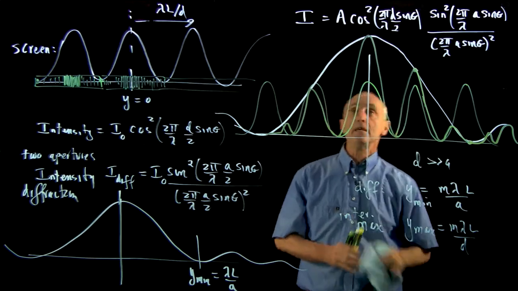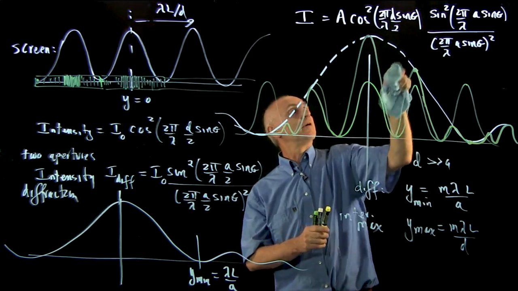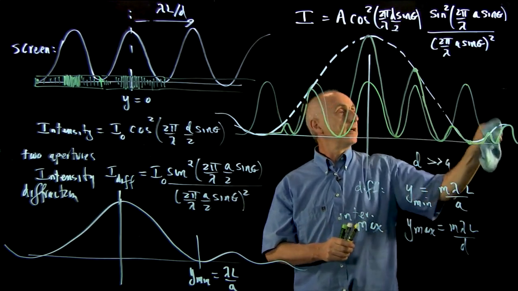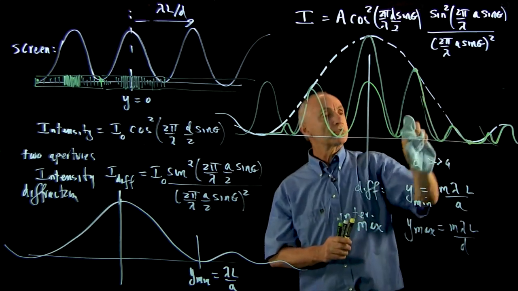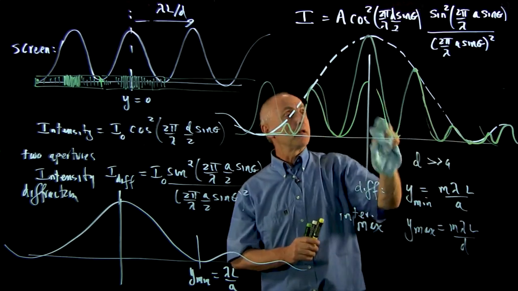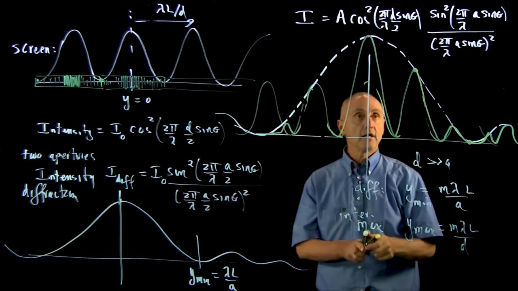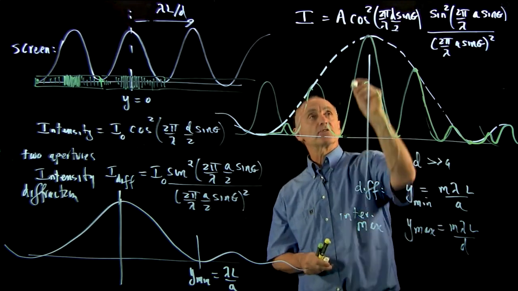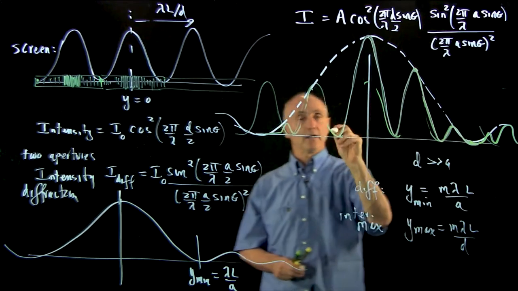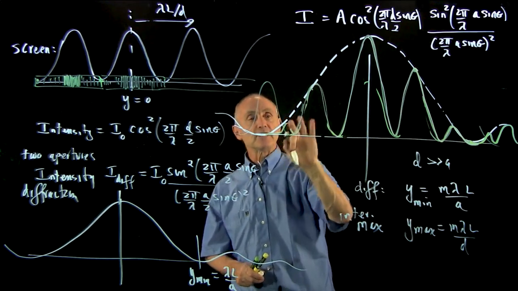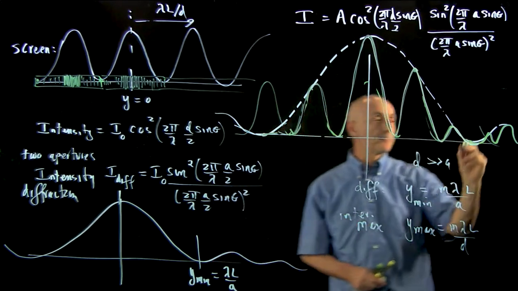So what you see is, now let's just make that envelope like that, and let's get rid of the interference cosine squared function. And I'm just trying to make this look like the intensity that we see on the screen.